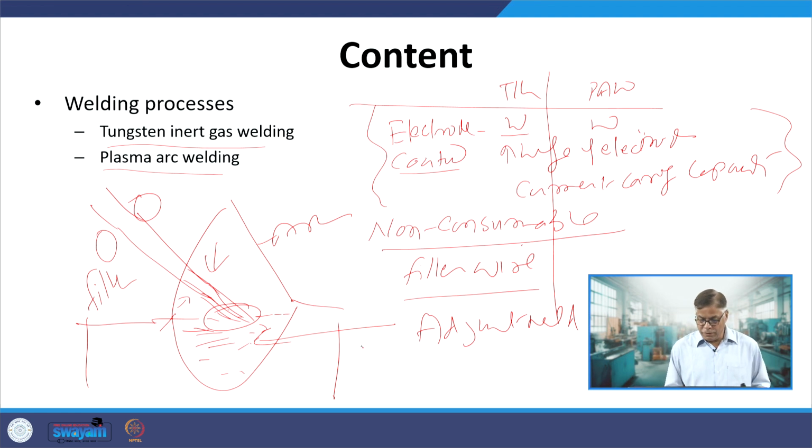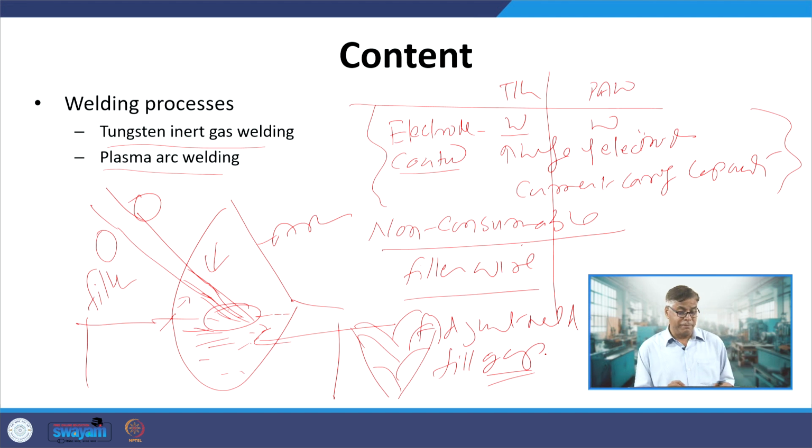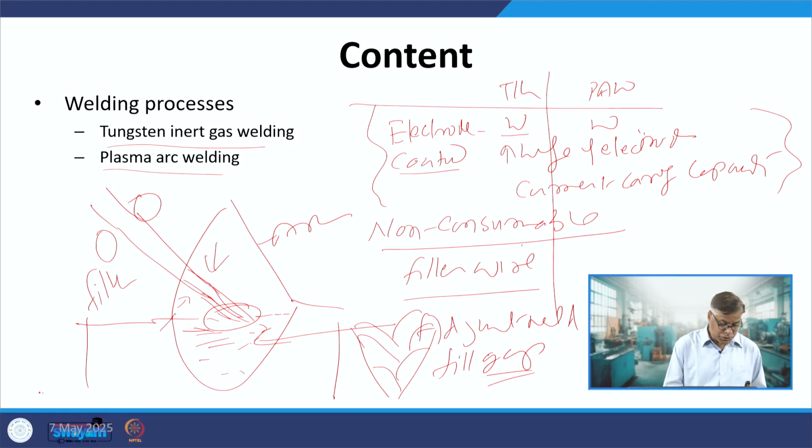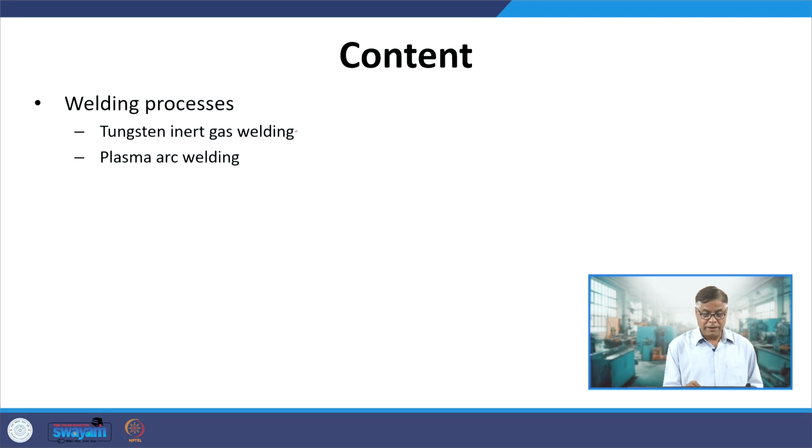Another purpose is when the thickness is more and the edges have been prepared. When the edges have been prepared, we need to fill the gap or the groove using suitable filler, so we have to use the filler metal separately. This is true for both processes, tungsten inert gas welding and plasma arc welding.